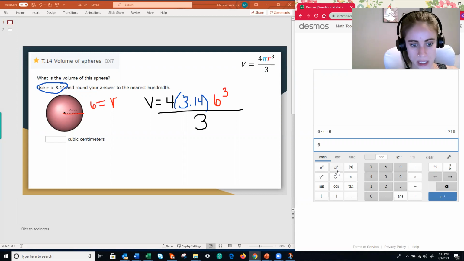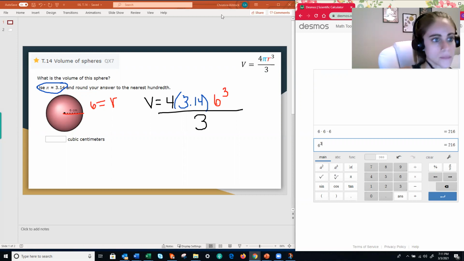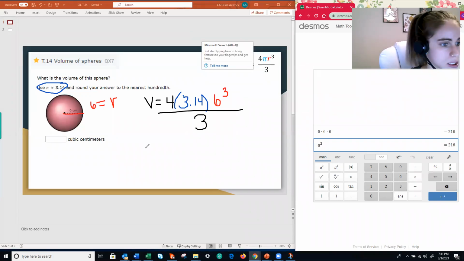So we're going to type 6 and then press this button and notice that the cursor goes up into exponent mode. And then we can enter our 3. And the reason I really want to show you this is this calculator that I have up is similar, not exact, but it's similar to the one you'll get on the FSA. So you'll have these types of buttons whenever it's available to you on the FSA. All right, but regardless, 6 cubed is 216.